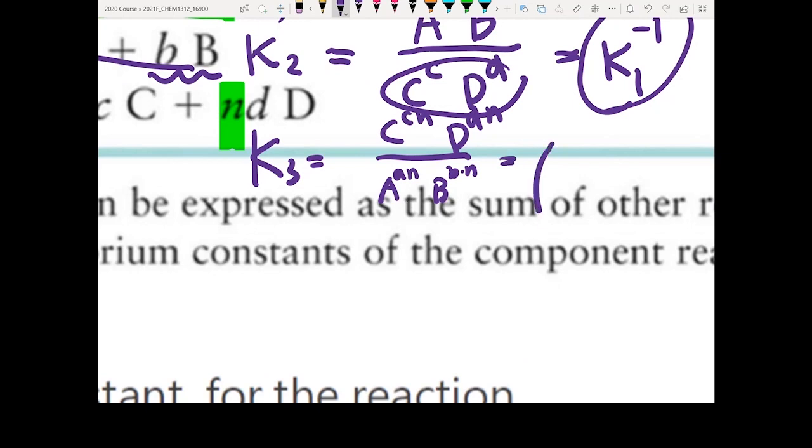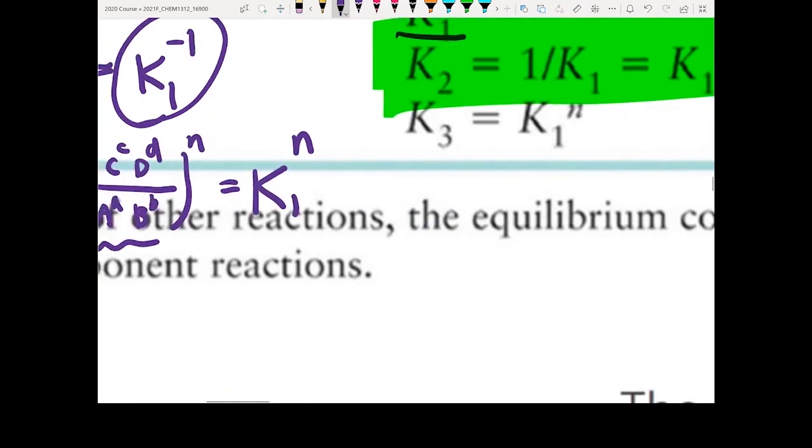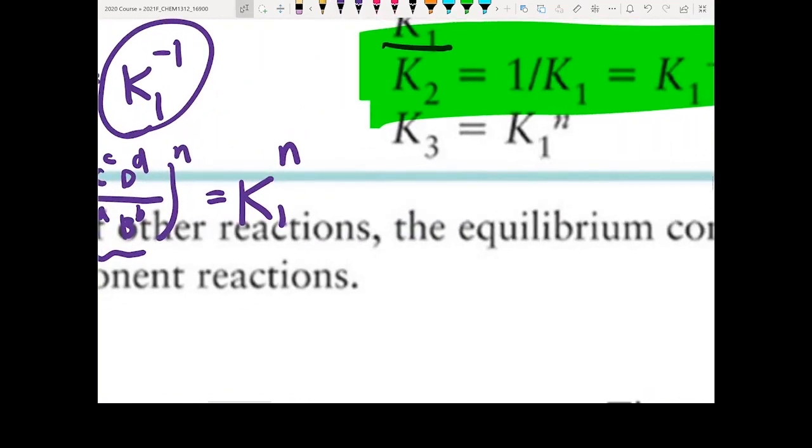This can be written as C to the c's power, D to the d's power over A to the a's power, B to the b's power, all to the nth power. This term is just your K1 to the nth power. In other words, if you multiply your original equation by a factor of n, the new equilibrium constant K3 equals K1 to the nth power.